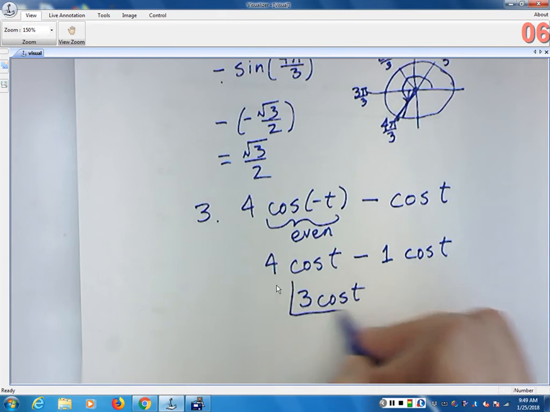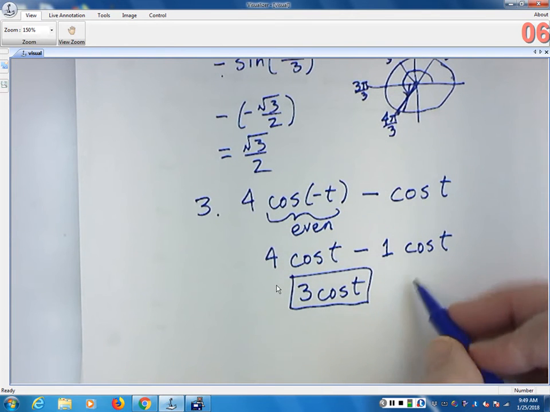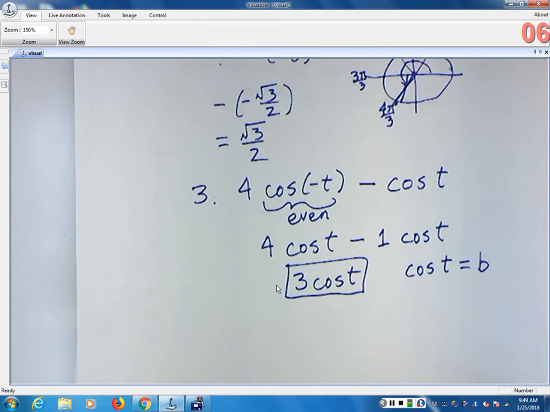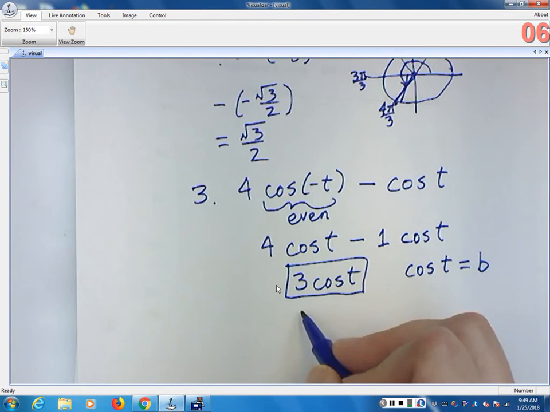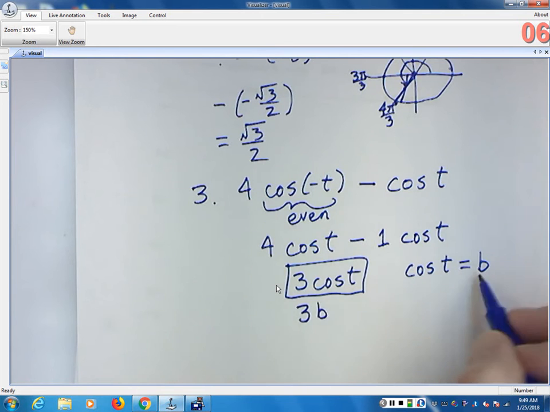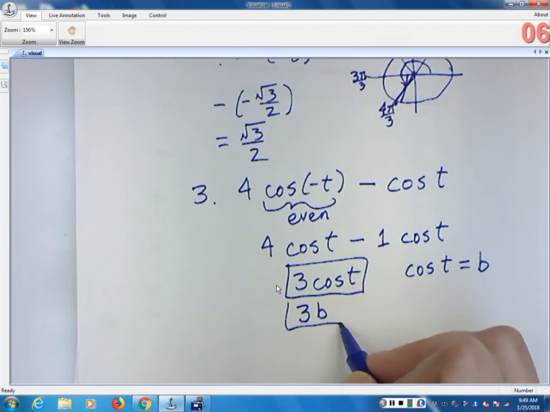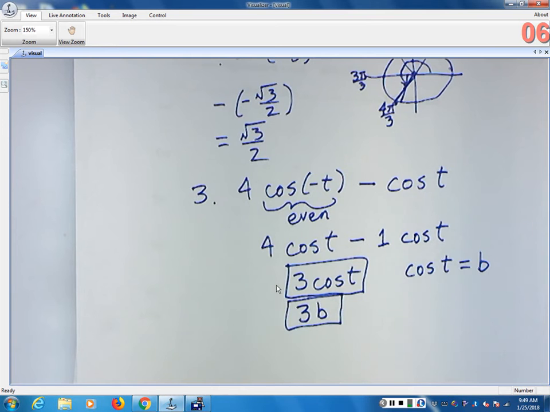That would be the answer, but I think in the problem it said let cosine t equal b, let tangent equal a, all this stuff. So it's going to be 3b. We have to remember the properties of even and odd functions. That's what we're using there.